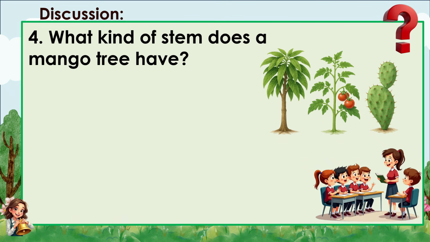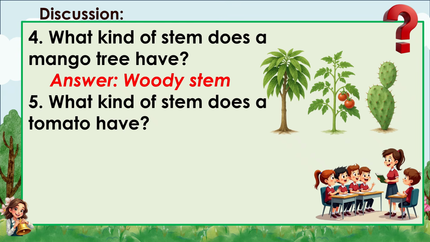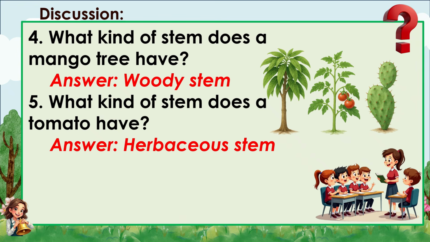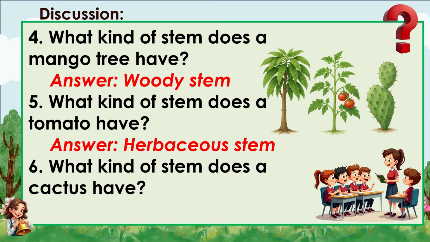What kind of stem does a mango tree have? Okay, it is woody stem. 5. What kind of stem does a tomato have? Herbaceous stem. 6. What kind of stem does a cactus have?